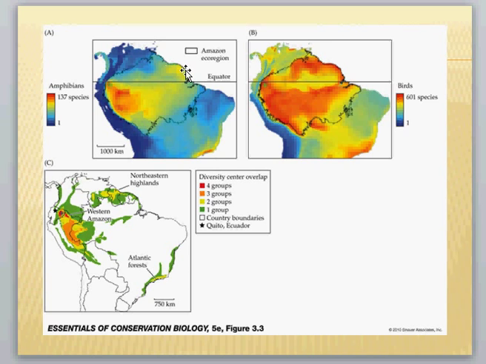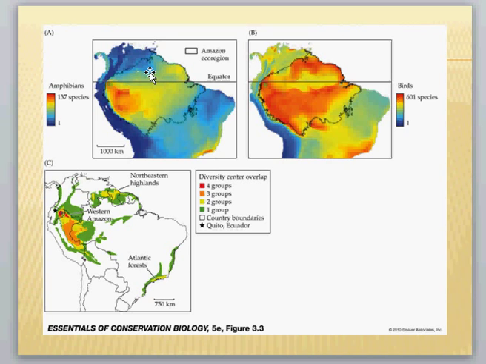Okay, it's interesting that high diversity area for birds in Roraima in Brazil is not actually a high diversity area for amphibians, and that could be because this area is much more open to fires and so on.